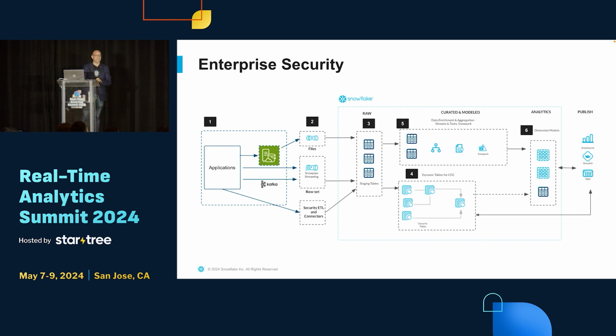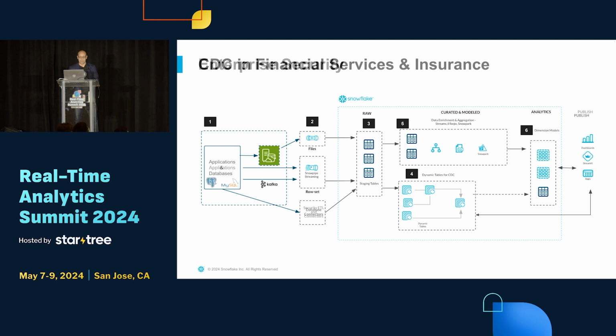We have some example architectures. These are from my field CTO friends that go to companies. They build different references for them. I will quickly show you what they gave me here. What I was telling you, Kafka, files. This is for an enterprise security example. Financial services and insurance. Of course, we want to do replication of MySQL, Postgres, anything with CDC. I'm going to wait a second for the picture.